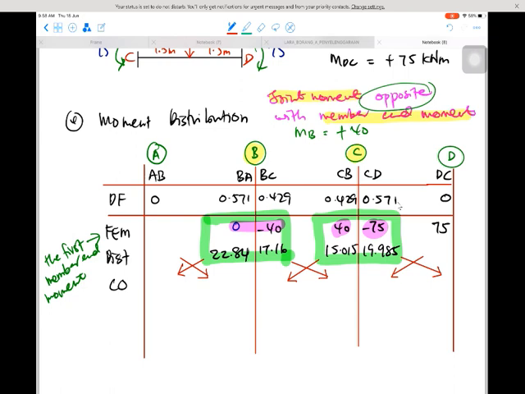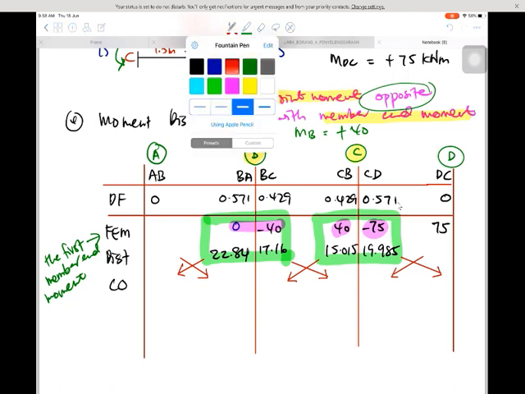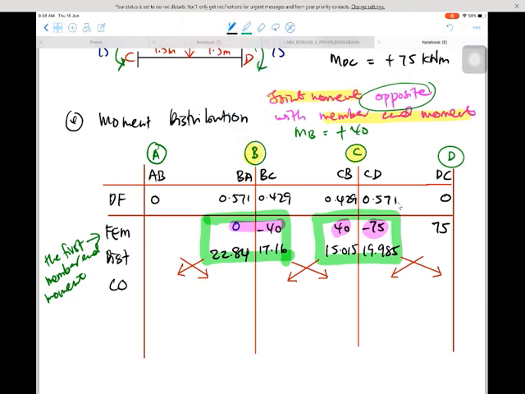The factor is 0.5, which means we divide everything by 2. So 22.84 divided by 2, we get 11.42. This one is 0 because the moment is 0. 17.16 divided by 2, we get 8.58.